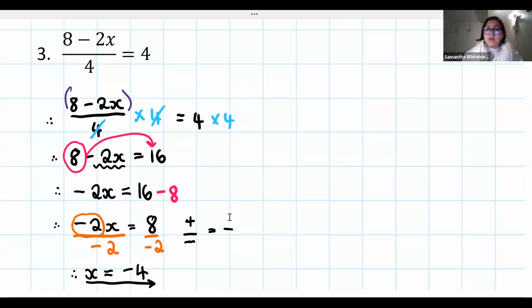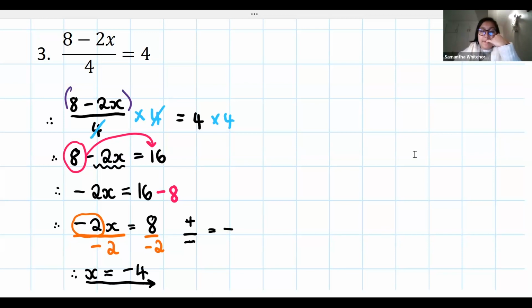Please, please bear that in mind. Always positive x. So take your screenshots. If you have questions, now's the time to ask. So again, grade 8, always make sure that x is positive. Positive x equals something. Sean?